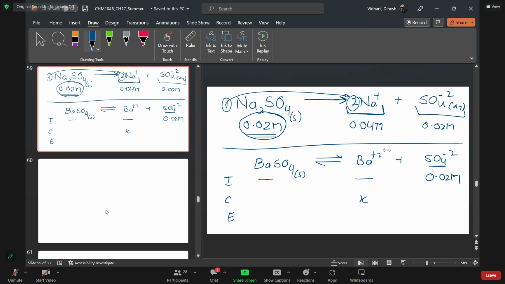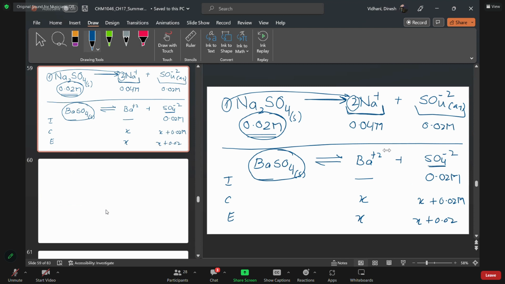How much sulfate ions should I be seeing coming from barium sulfate? It should be X amount as well. But the total amount of sulfate will be the sulfate ions coming from sodium sulfate and the sulfate ions coming from barium sulfate. So that's going to be X plus 0.02 molar. So at equilibrium, this is going to be X and X plus 0.02.